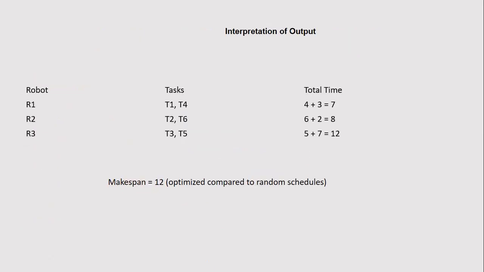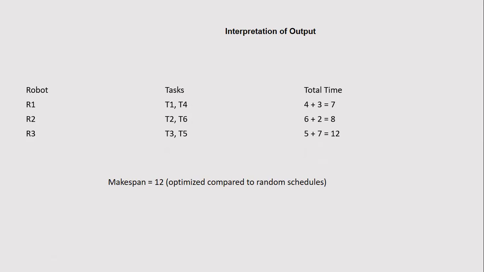This is the sample output that has been displayed here. For the first robot, tasks number 1 and 4 are allocated, so the total assembly time, the production time, is 7. For the second robot, tasks number 2 and 6 are assigned. The total job completion time is 8.